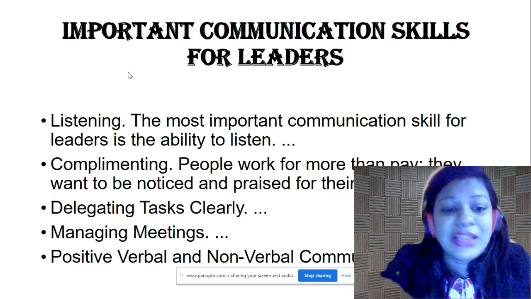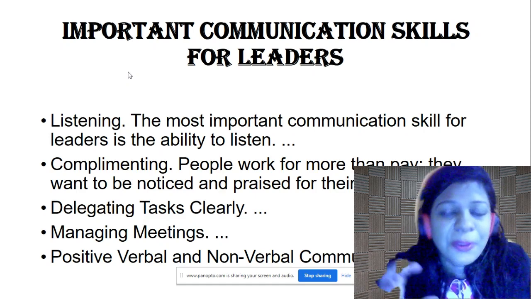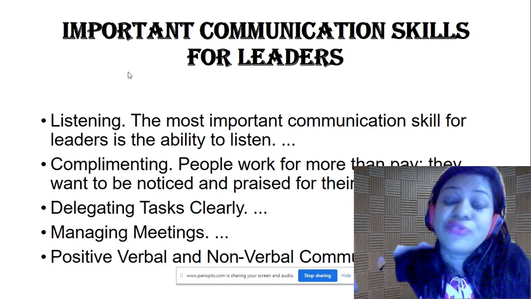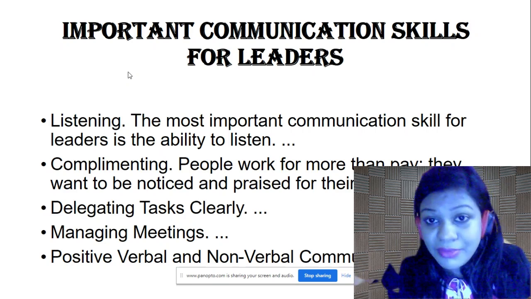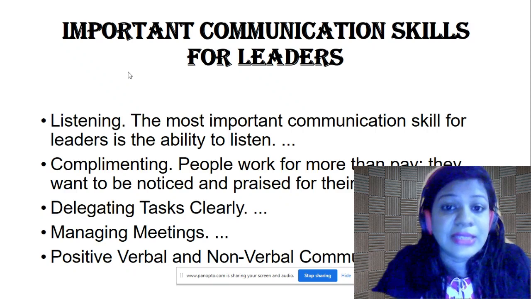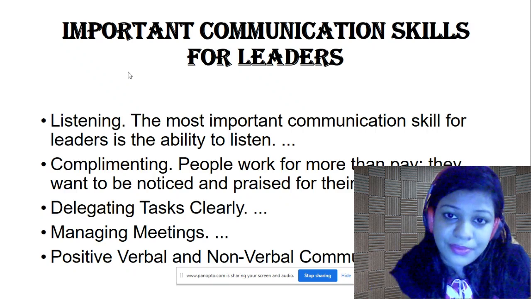The third one is delegating tasks clearly. Different people have different qualities. So as a leader, you have to identify their skills, their tasks, and their qualities. According to their skills, you can delegate work tasks to them.